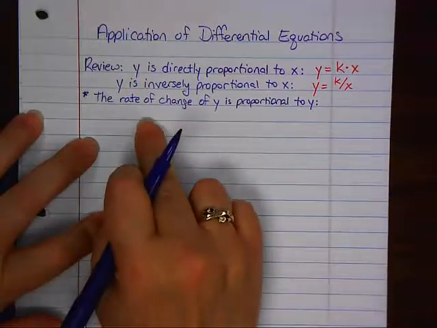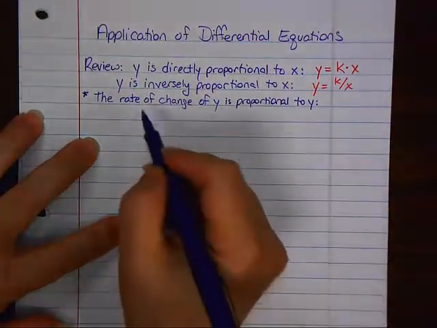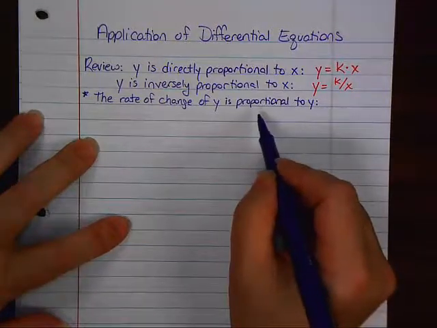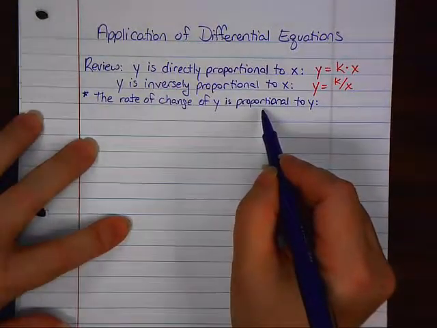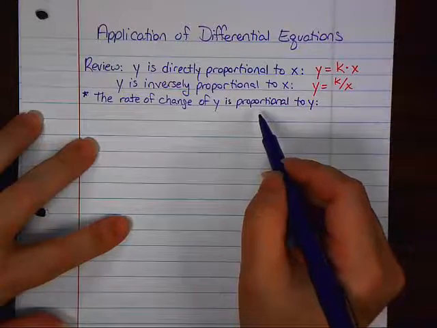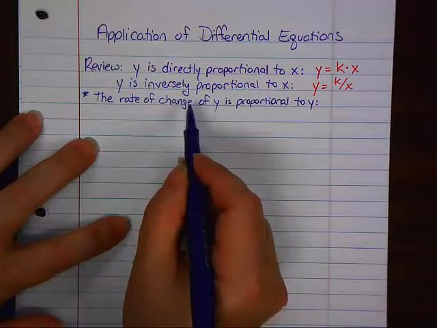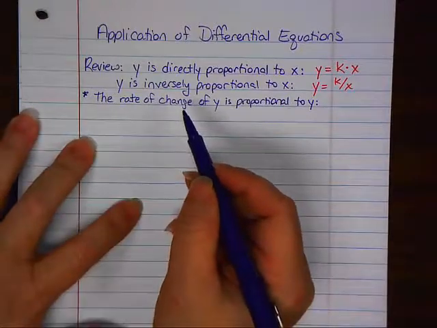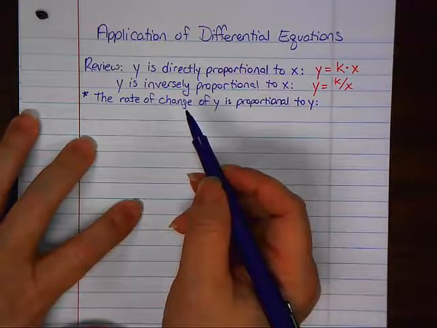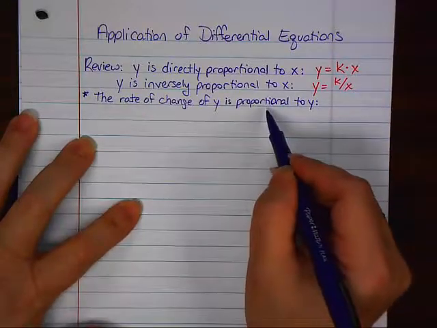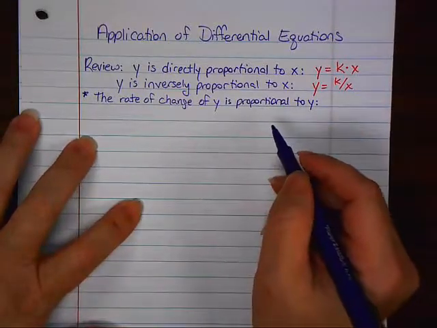Now, this one is missing a few things. Usually it'll tell you the rate of change of y with respect to whatever. And it also doesn't specify direct or inverse. But let me tell you this. I'm going to add in, just out to the side, the rate of change of y with respect to time is directly proportional to y. If it doesn't say directly or inversely, it's understood to be directly.